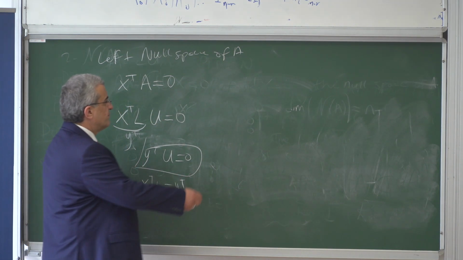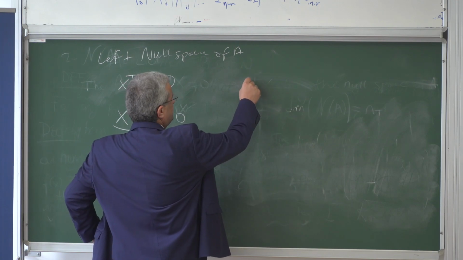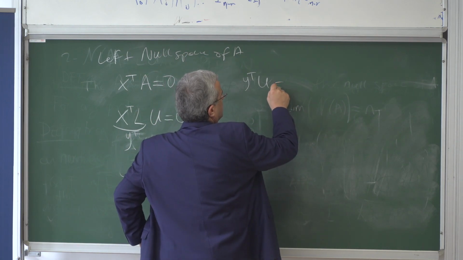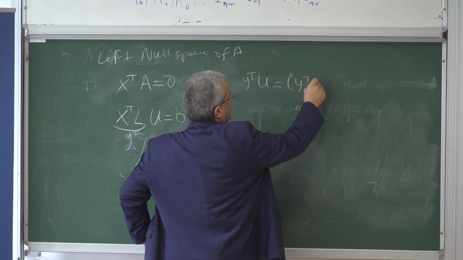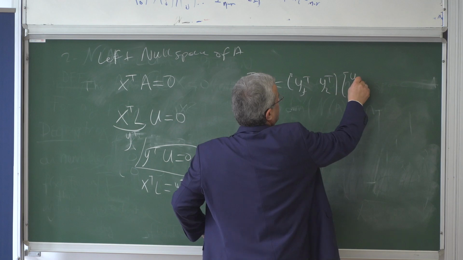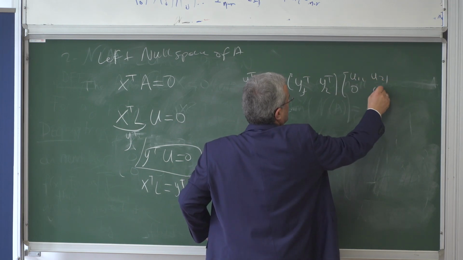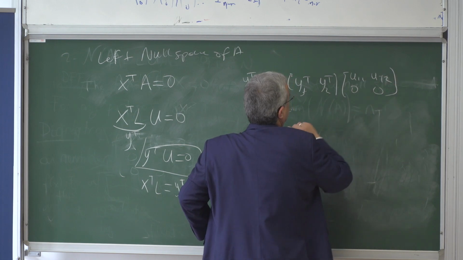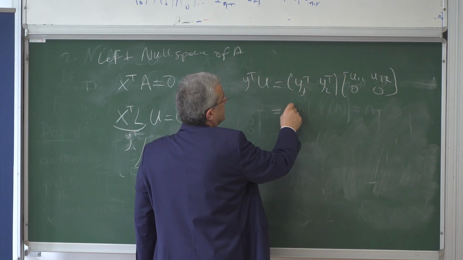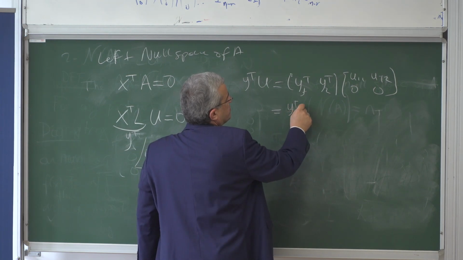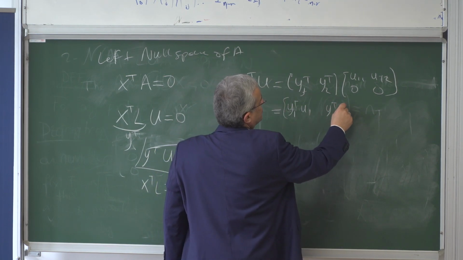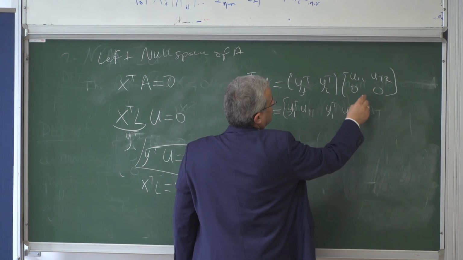So when we look at this, Y transpose U is equal to Y1 transpose, Y2 transpose times U11, U12, 0, 0, right? So this is equal to Y1 transpose U11, Y1 transpose U12.